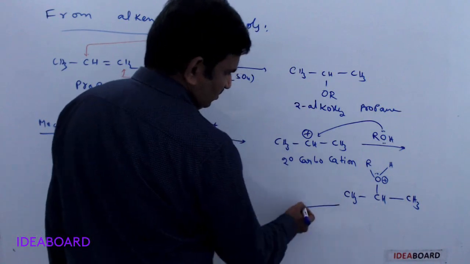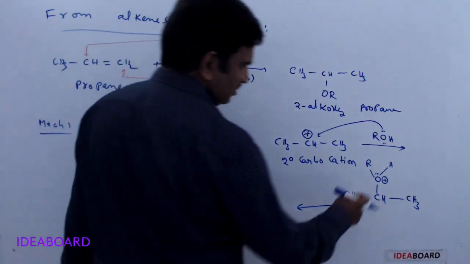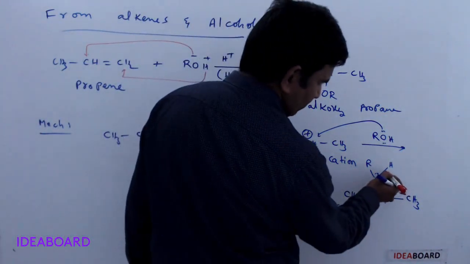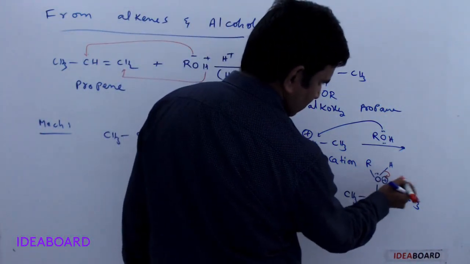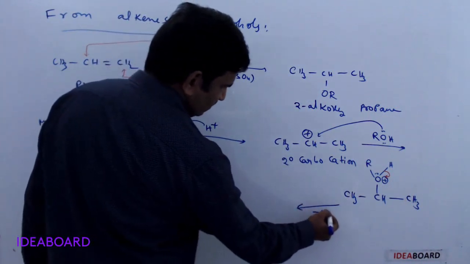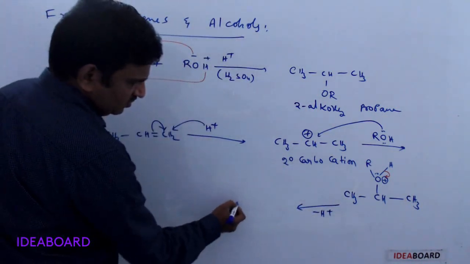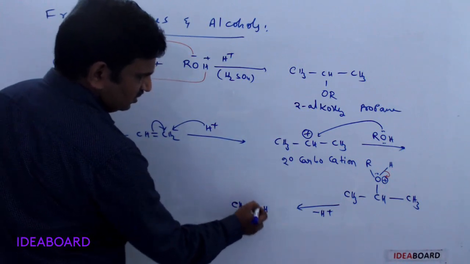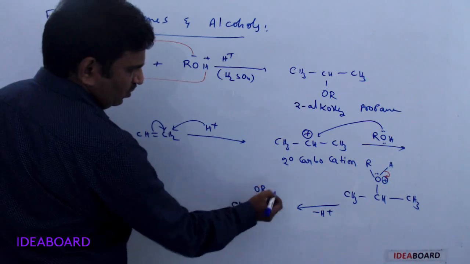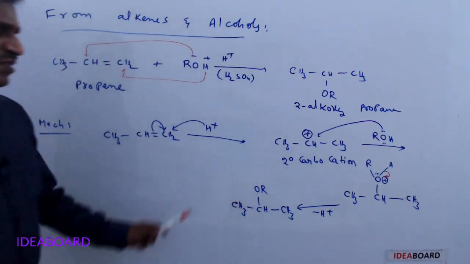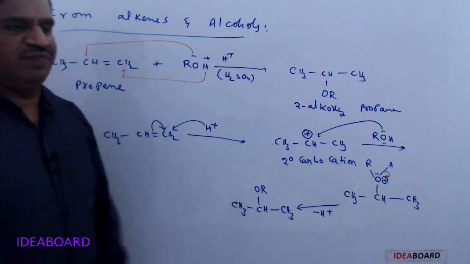Now in the next step, this hydrogen atom shifts, meaning it gives the pair of electrons to this oxygen, and it is released as minus H plus. Proton is released, and so we get CH3, CH, OR and CH3. That is the same as 2-alkoxypropane.